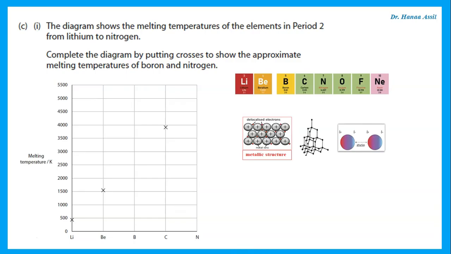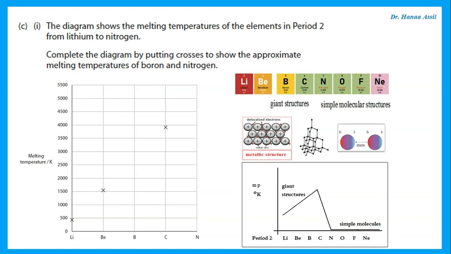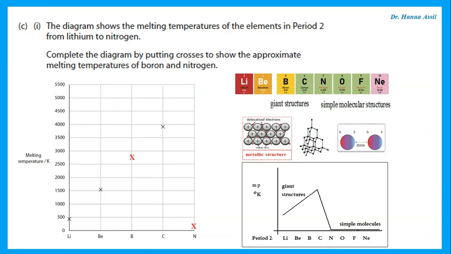All of these are simple molecular structures with very low boiling points or melting points. So where are we going to put? We're going to put the giant structures, lithium, beryllium, boron. So boron is in between beryllium and carbon. Now, where is nitrogen? We said nitrogen is a simple molecular structure with very low melting temperature, lower than lithium, so it's very low down there.